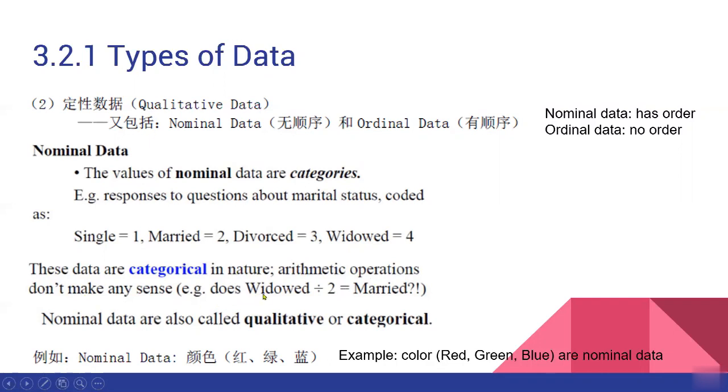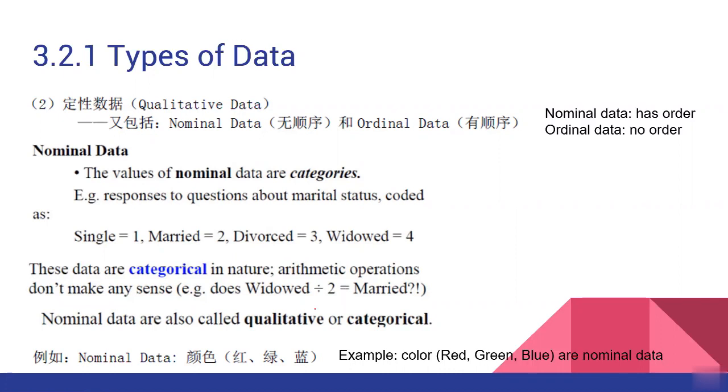For example, if we use 2 to represent a number, widowed divided by 2 is not married, right? Because 1, 2, 3, 4 here are just codes.